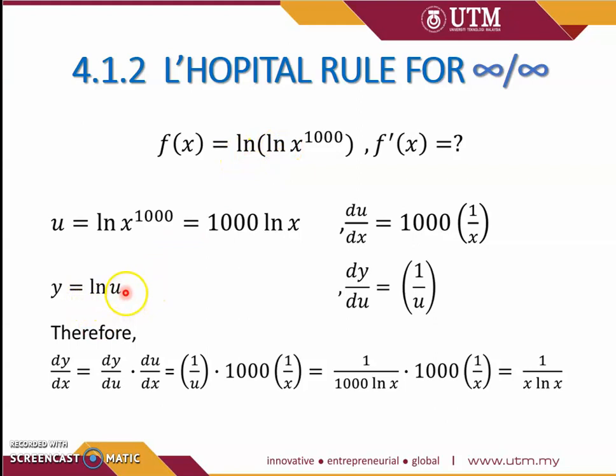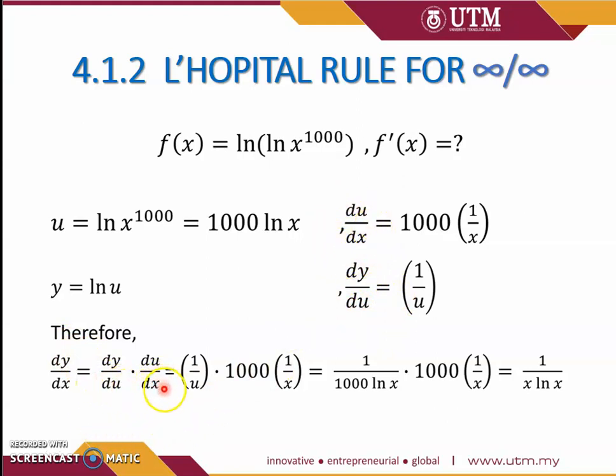So we differentiate with respect to u, dy/du. The differentiation of ln u is 1 over u. For chain rule, dy/dx is equal to dy/du multiplied by du/dx.